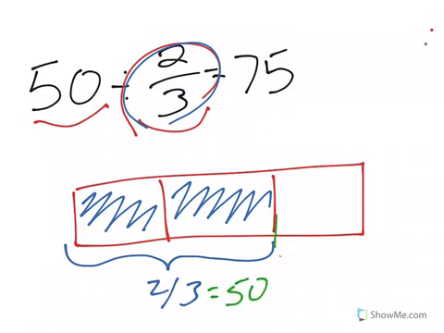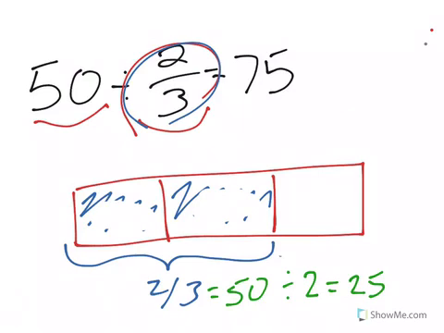So if I have 50, which is this section here, and I divide that by those 2 parts, that gives me 25. So I know, create a little space in the middle here, that this is 25, this is 25, and then this would also be 25.